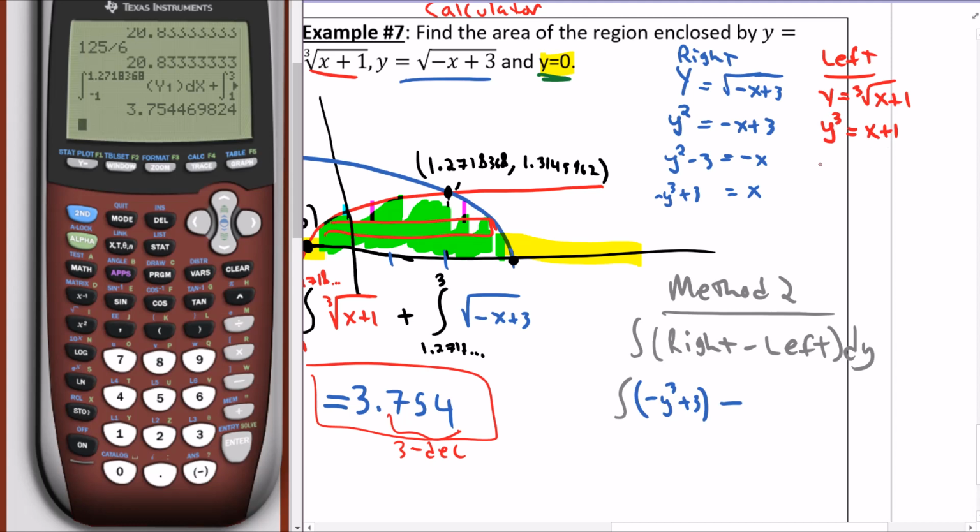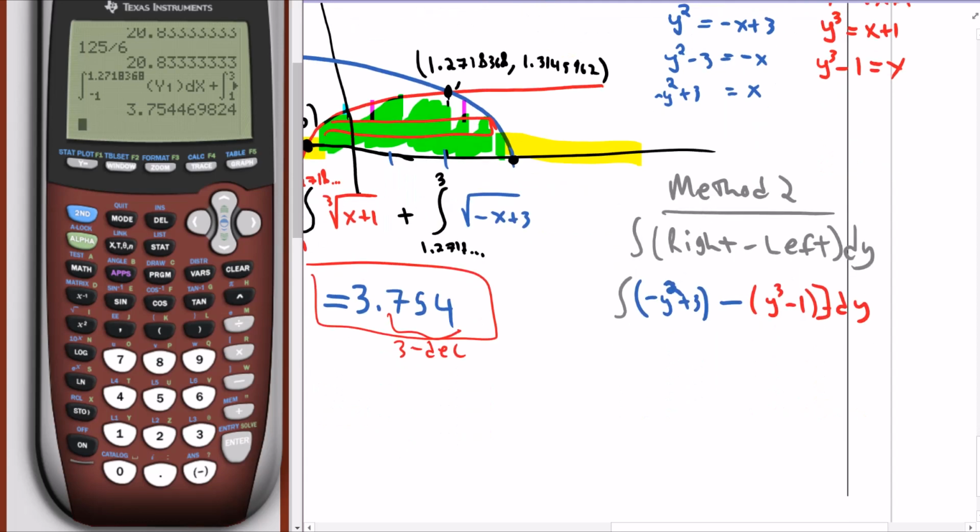We subtract 1 and we get y cubed minus 1 equals x. And that's what goes right here, and then this whole thing dy. And I messed up on something down here. I, for some reason, changed this blue function to y cubed when it should be y squared the entire time.